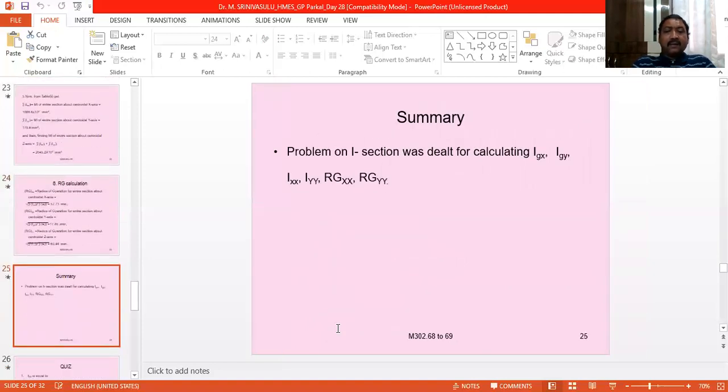In summary, in this lesson we have found the moment of inertia of standard figures like rectangles, and also complex figures, about the central axis or about any axis or about the base by using the parallel axis theorem.